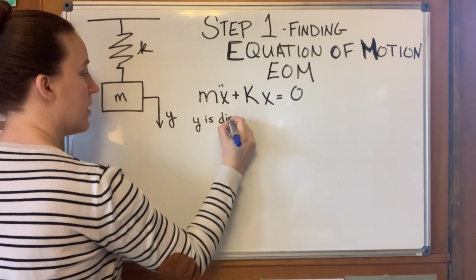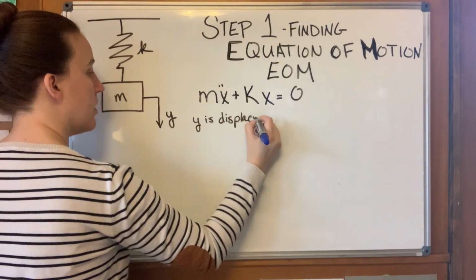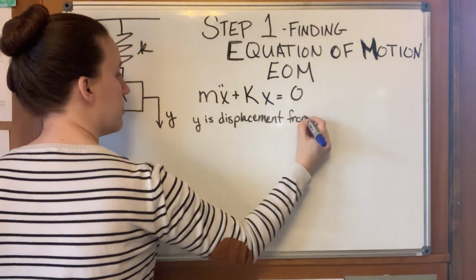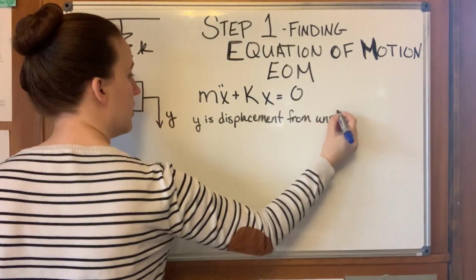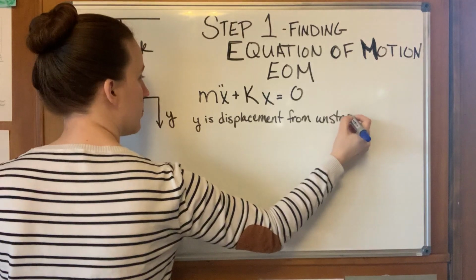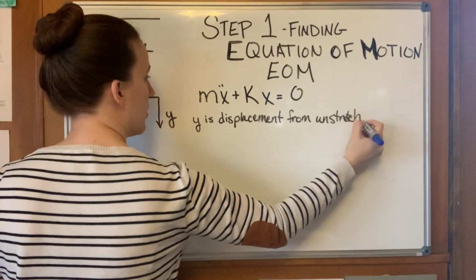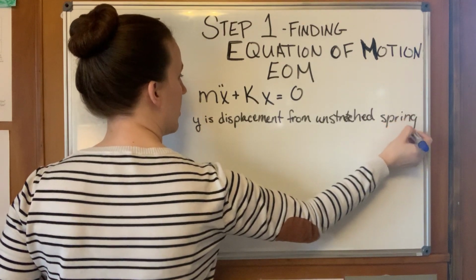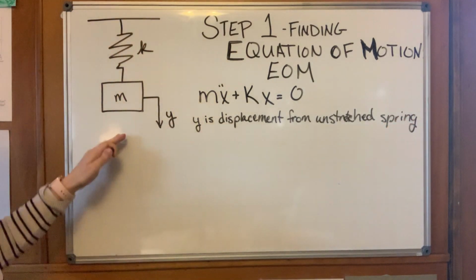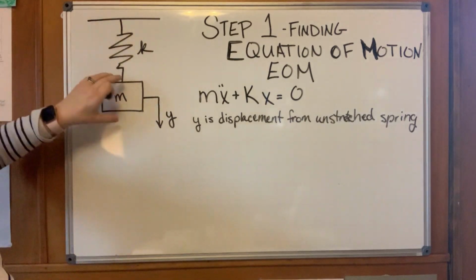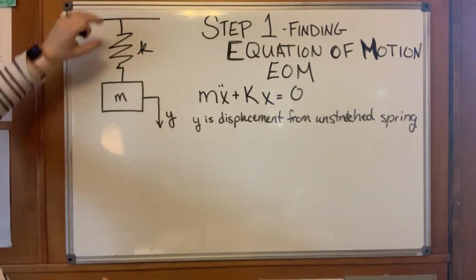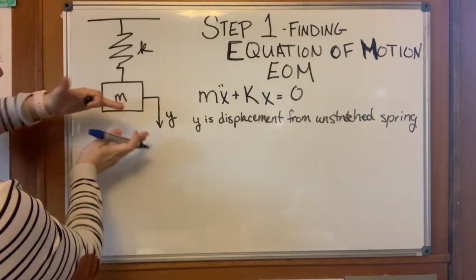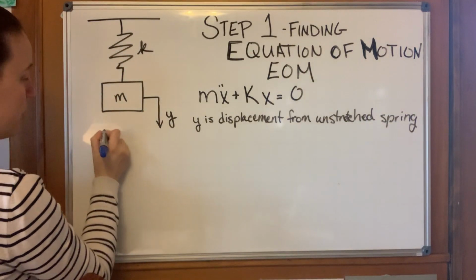y is displacement from unstretched spring. All right, and we know that eventually, if this is on Earth where there's gravity, after we let this go, maybe it bounces a little bit, but it's going to settle at some new position here.